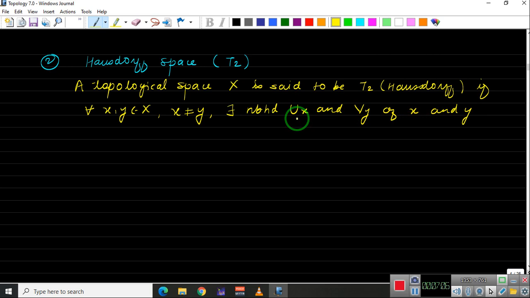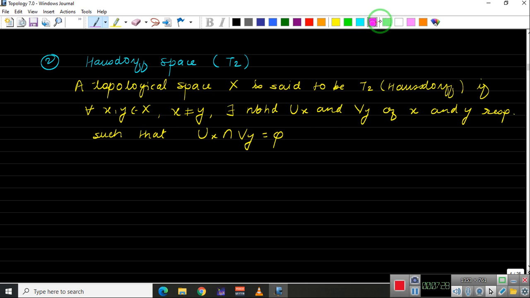That means Ux is a neighborhood of x and Vy is a neighborhood of y respectively, such that Ux intersection Vy is equal to empty.